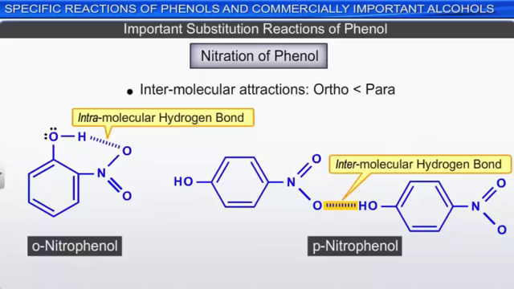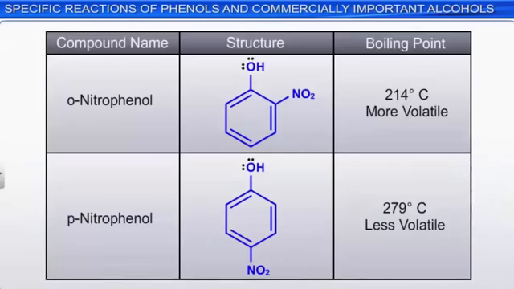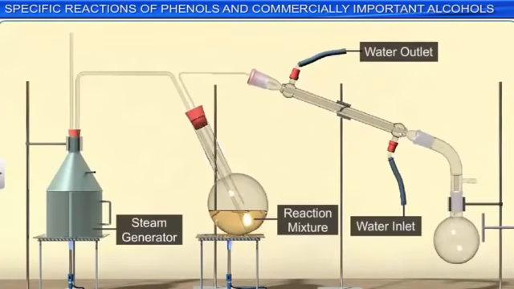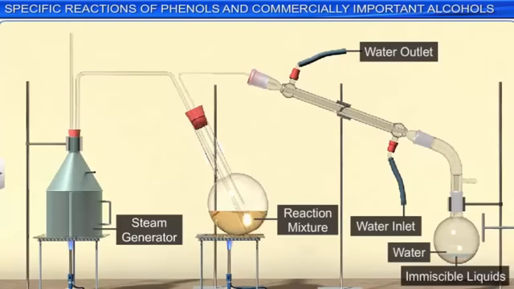Therefore, orthonitrophenol is more volatile, with a lower boiling point than para-nitrophenol with a higher boiling point. We can use the difference in their boiling points to separate the isomers by steam distillation. Orthonitrophenol is steam volatile, but para-nitrophenol is not.